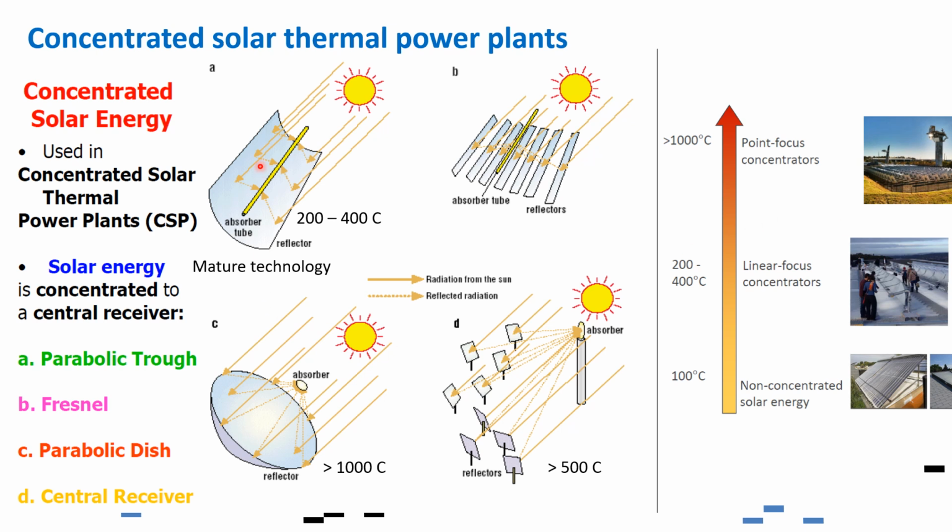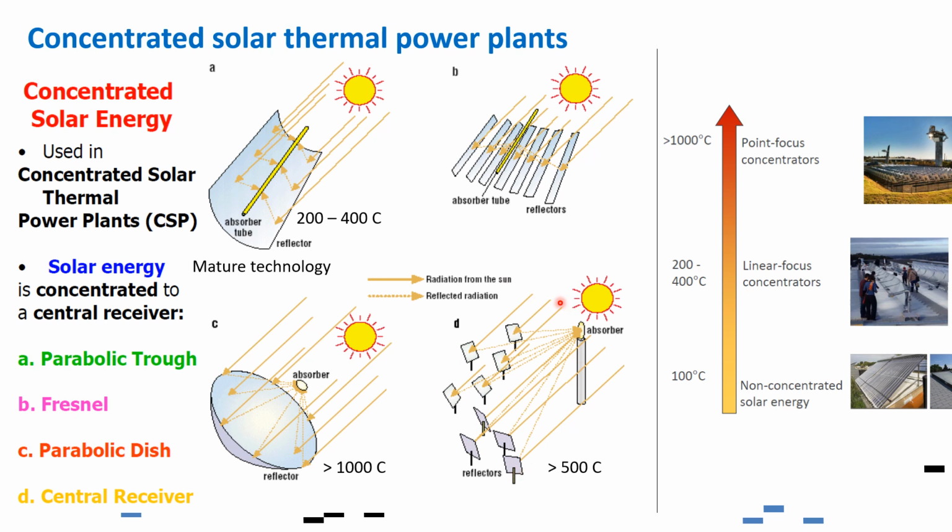So let's see more in detail about this one and this one, because these are the two most commonly used now. This one is the most mature and commercialized. So 90% of concentrated solar power is based on this one. And this one now, the solar tower, is the most growth this year.